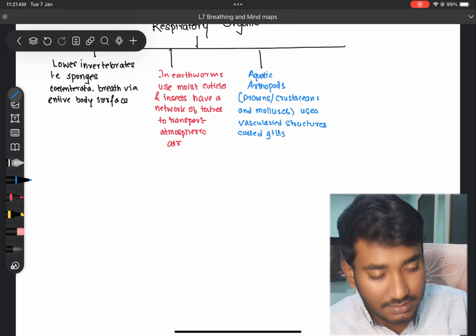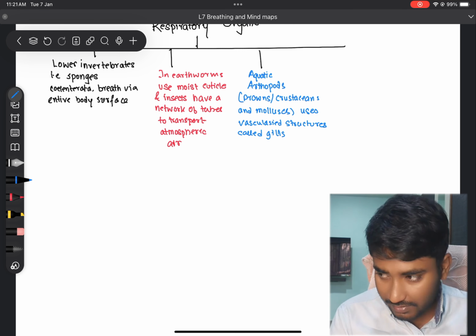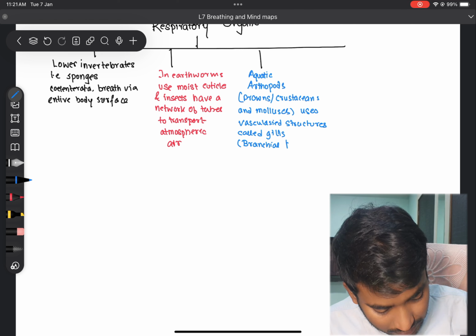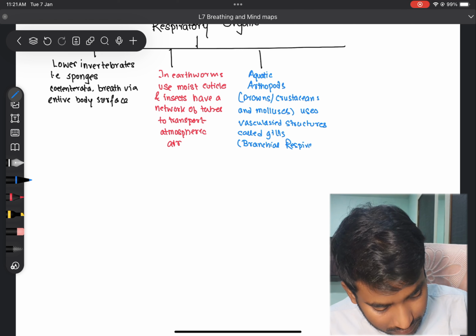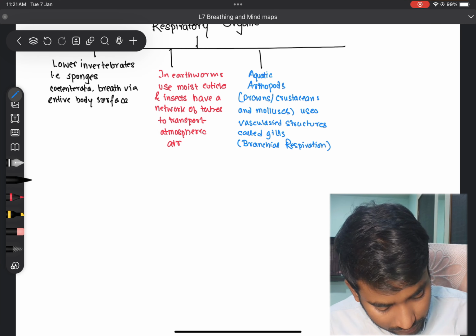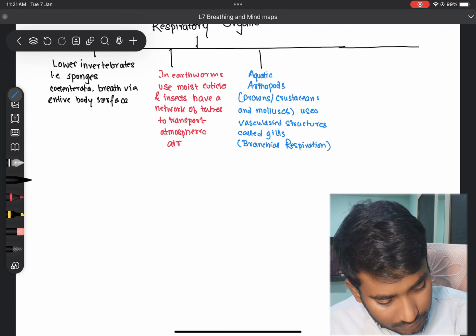We call them gills, okay. These are called branchial respiration.